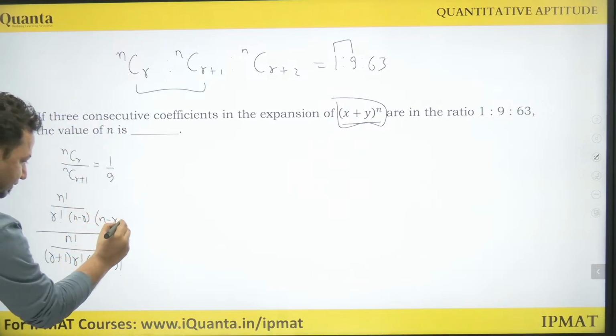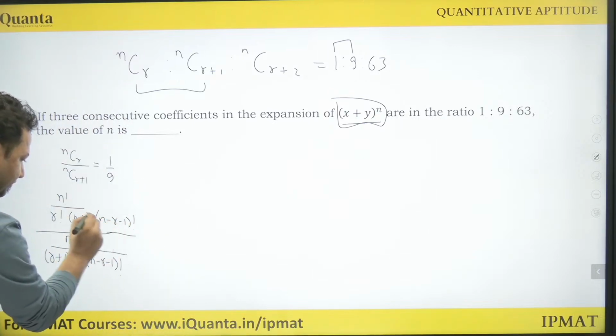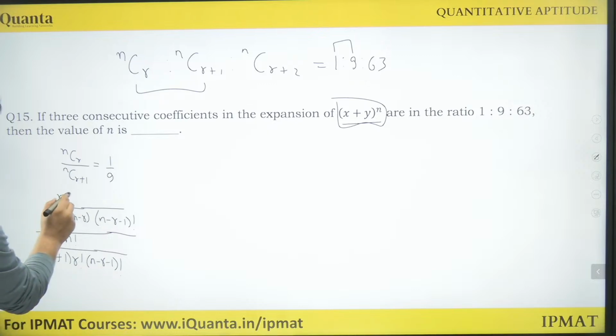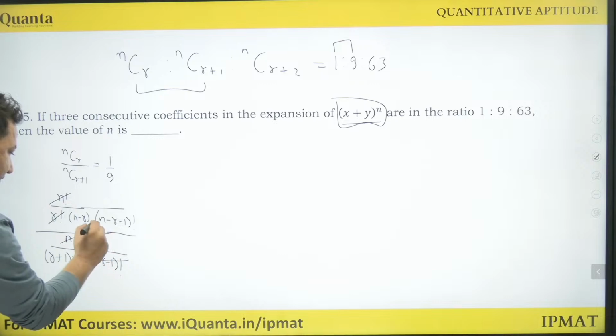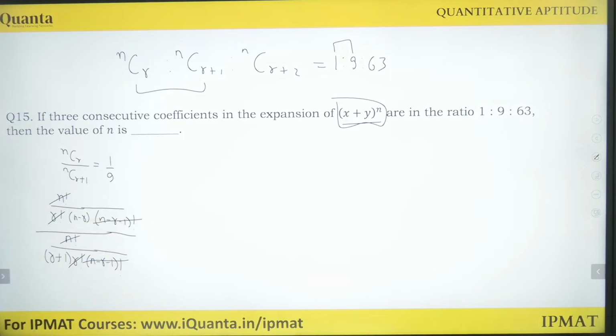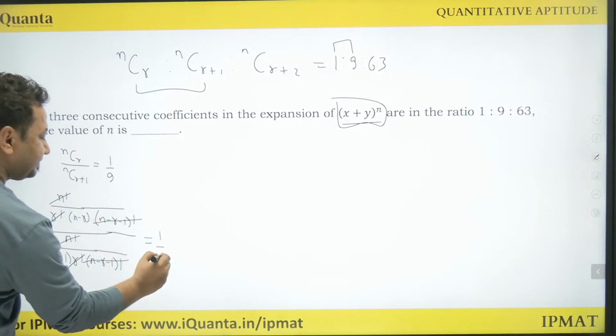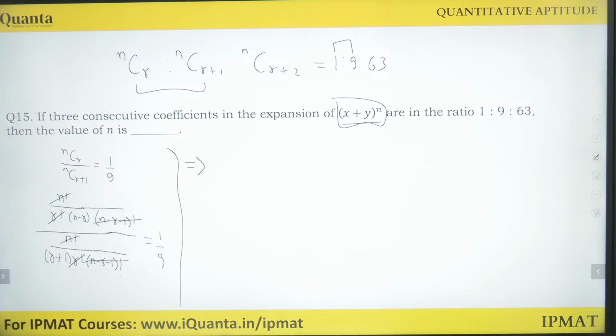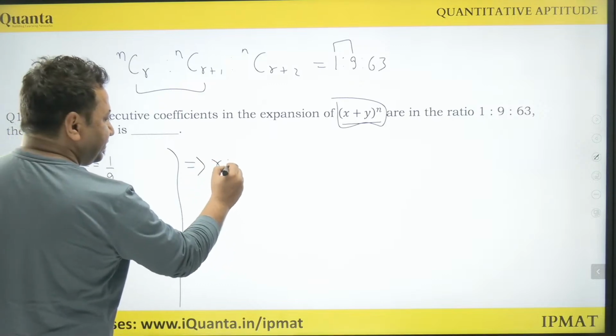So now things become pretty clear and things can get cancelled now. These two get cancelled. This gets cancelled, and this also gets cancelled. This is equal to 1/9. Now cross multiplying, what do we get? This (r+1) will go in the numerator and (n minus r) comes to the denominator.